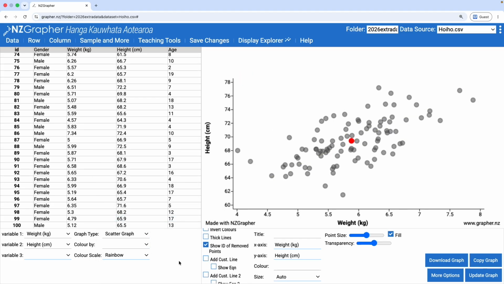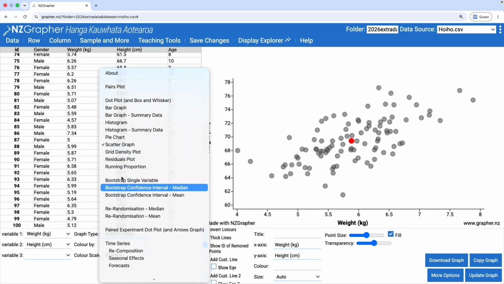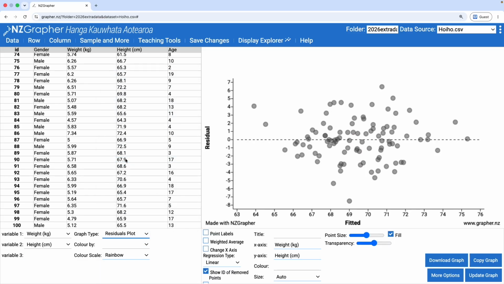People keep going, can you change your x-axis? So the residuals plot is fitted against residual. There is a tick box down the bottom here which changes the x-axis to what was on your x-axis.